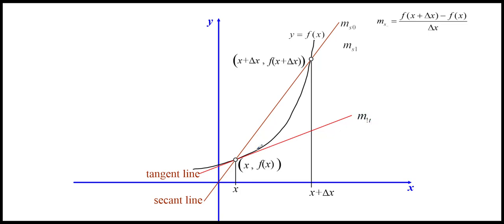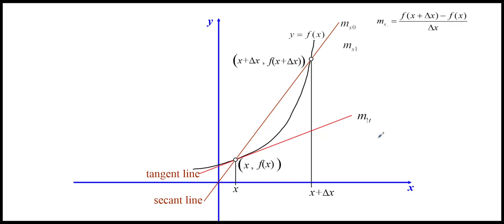That's a unique line which passes through that single point which it shares with the curve. So the slope of the curve will be the slope of the tangent line, which with respect to the curve is referred to as an instantaneous slope: the slope of the curve at this instant when x is at this position.